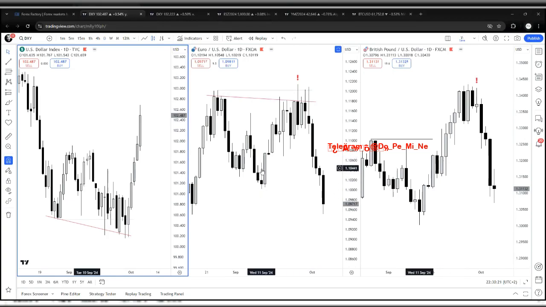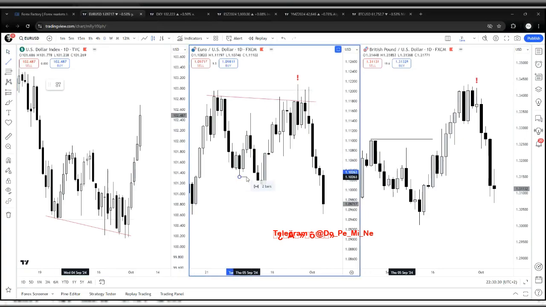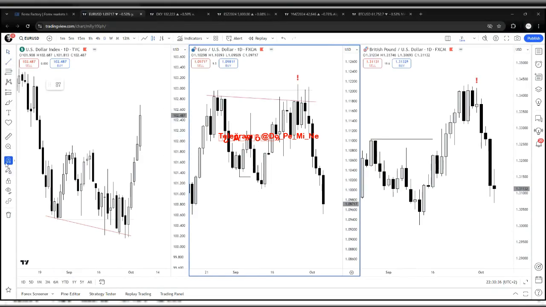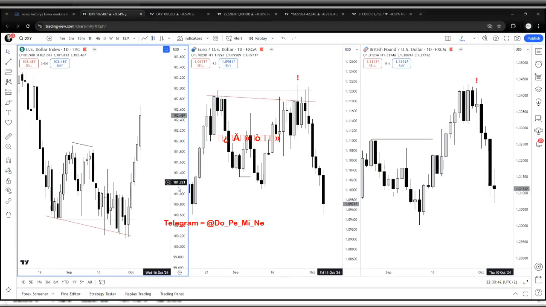Here you can see that we have this low taken out already here. This one failed to do so. So what is that? What led to price running above this high and below this low?